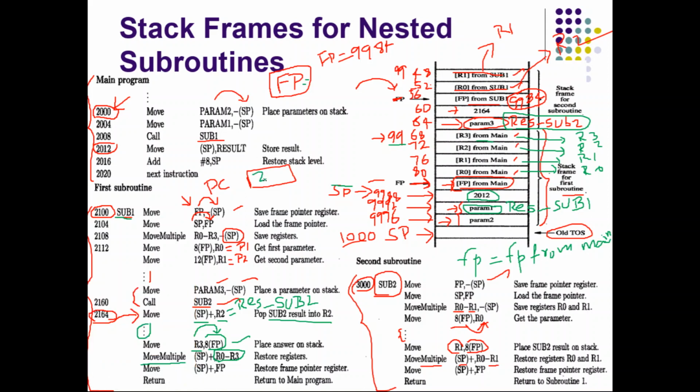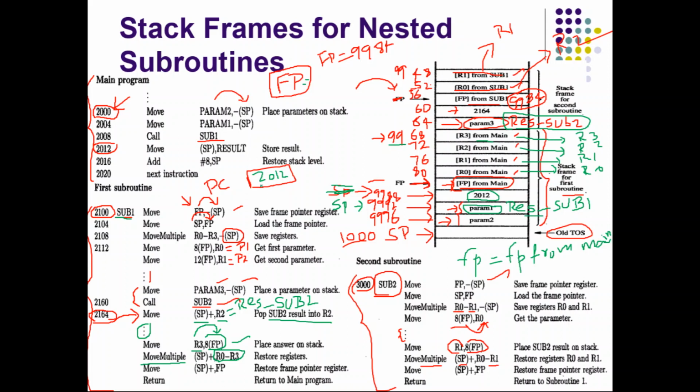Whenever the return statement is executed, the top of the stack will be popped. If the top of the stack pops, SP will increment. So SP will point to 9992. What is 9992? Previously 9992 was holding parameter 1. Now it is holding the result from subroutine 1.